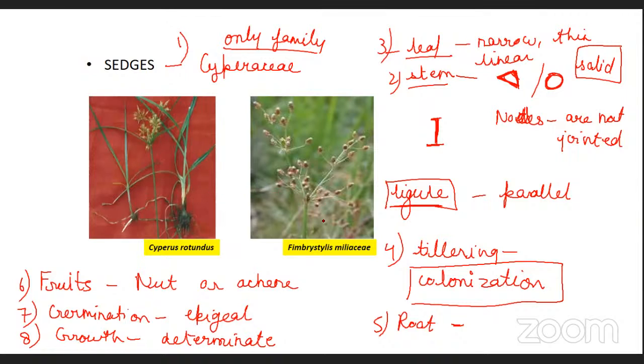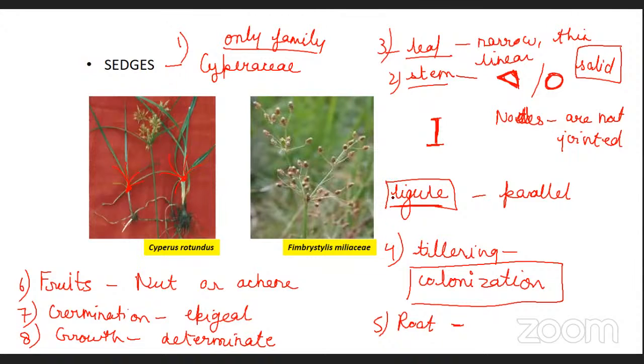You can see over here they have the colonization type, meaning at one node you can see so many leaves. Or over here also you can see the leaves are there, meaning there is no fixed pattern. They do not have that type of fixed pattern where they will have alternate leaves or like this.